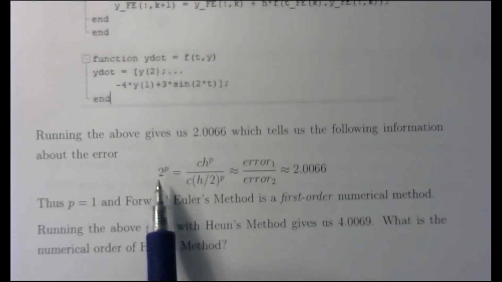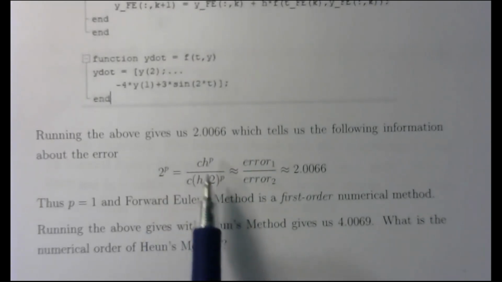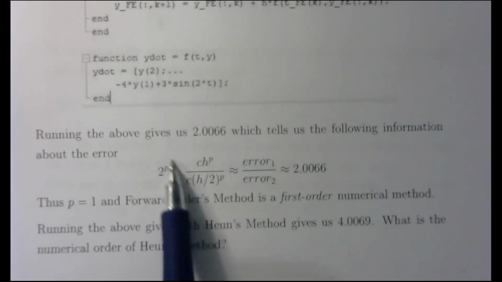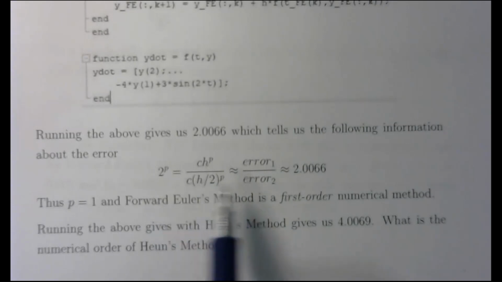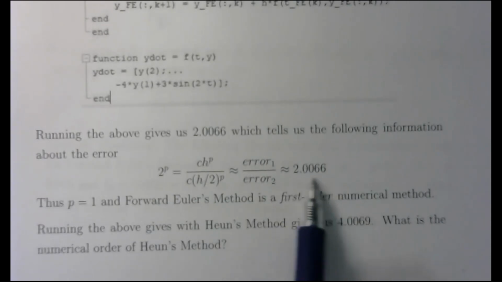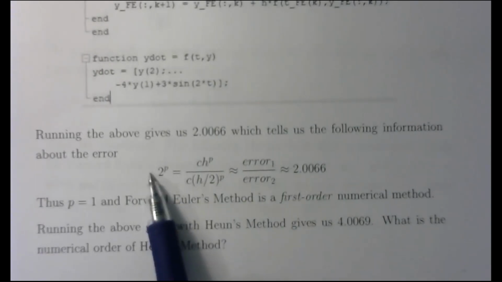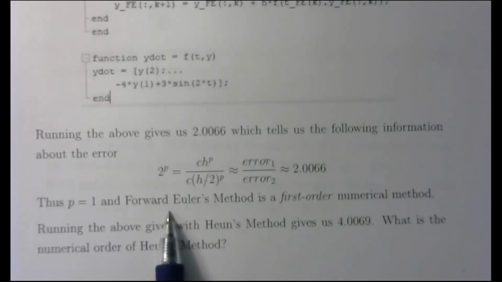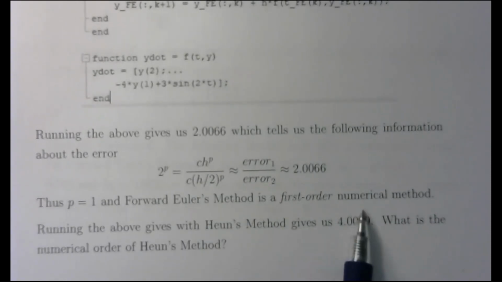Since I divided h by 2, this is really just 2 to the p. This is an approximation for error 1 over error 2, the two different errors I defined using the h's. And this looks like 2, then p should be like 1. So forward Euler is a first order numerical method.